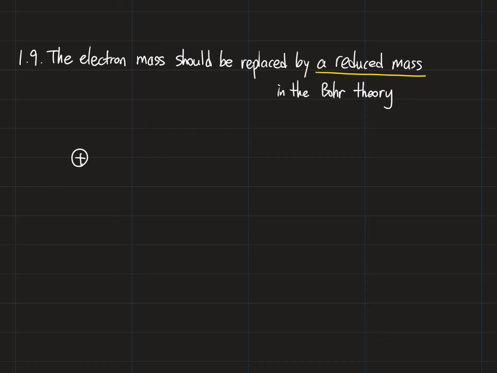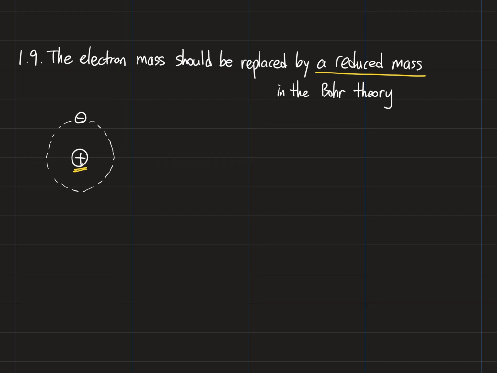Like this, the nucleus here, and the electron revolving around the nucleus. In this case, we consider the position of the nucleus to be fixed, which simplifies the calculation significantly.